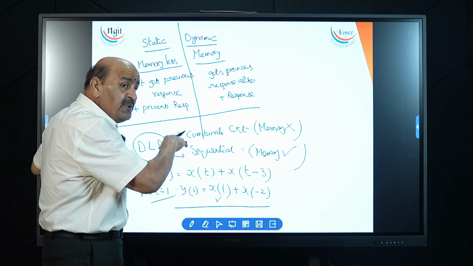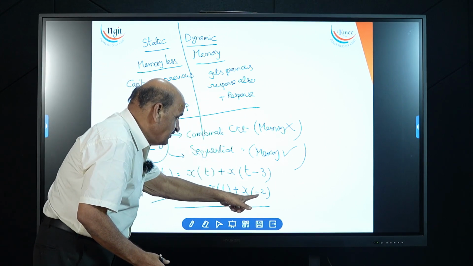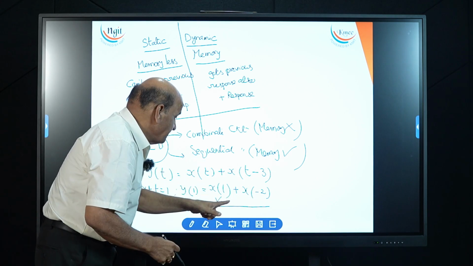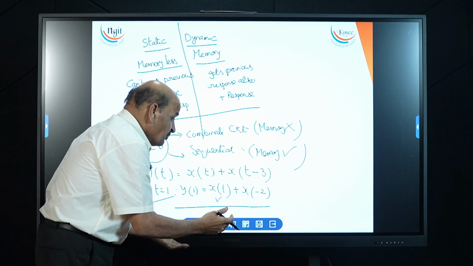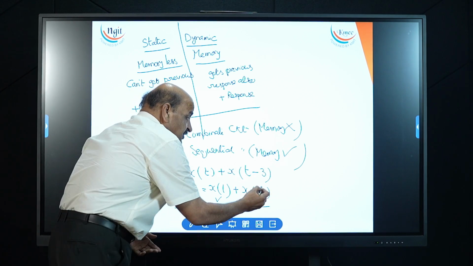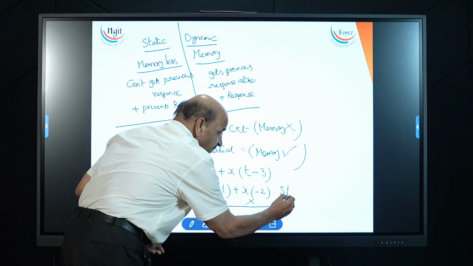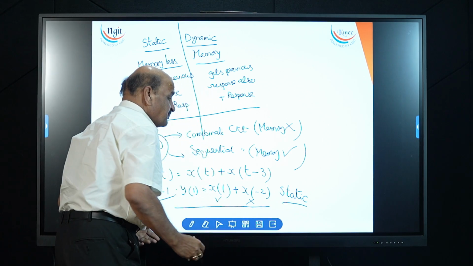All these are previous responses. So 1 is the present response and minus 2 is a previous response. If the system is capable of responding only to the present value but not to the previous value, this system is called a static system.